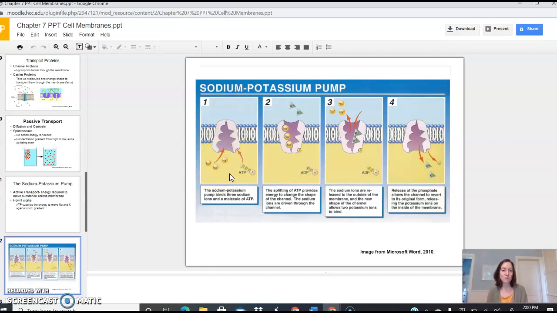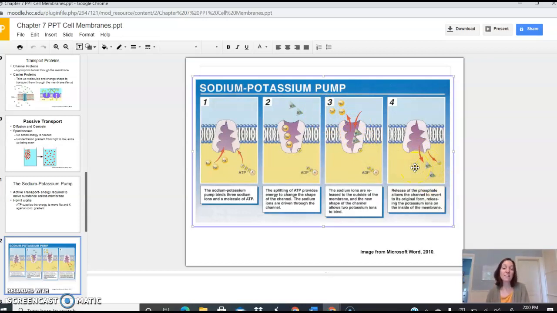They're all +1 ions, and so they will attach into that protein, and ATP energy will be used to change the shape. The sodium will then get released out of the cell, and potassium will come in. So sodium's out, potassium comes in, and then we have 2 pluses inside the cell.